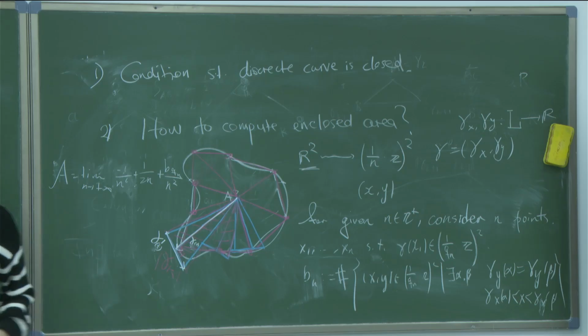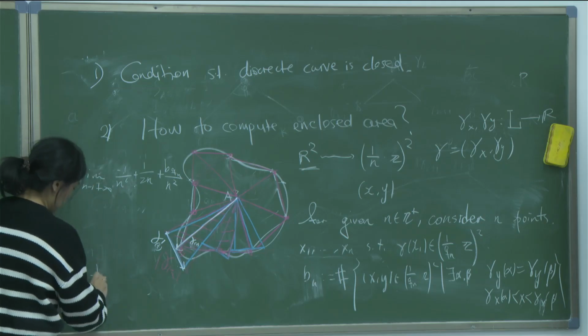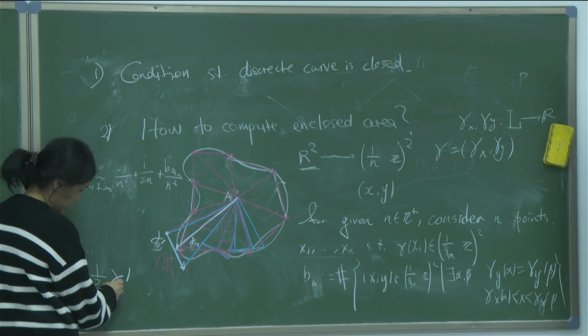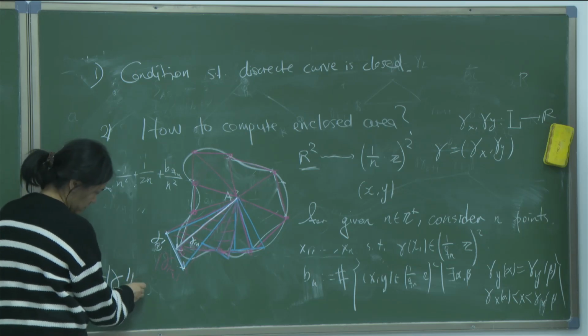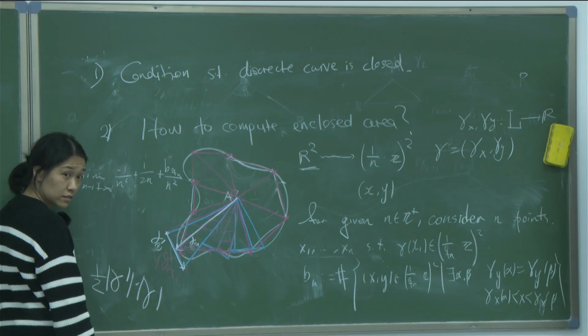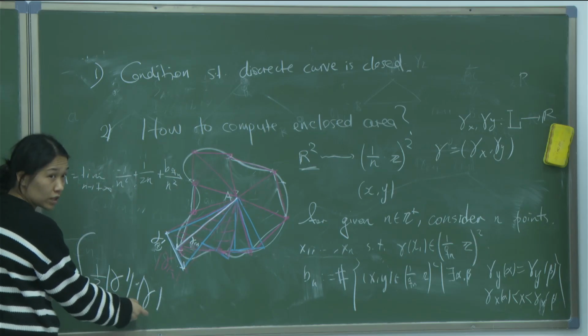One half of the integral of gamma prime and gamma t. And then you would integrate.